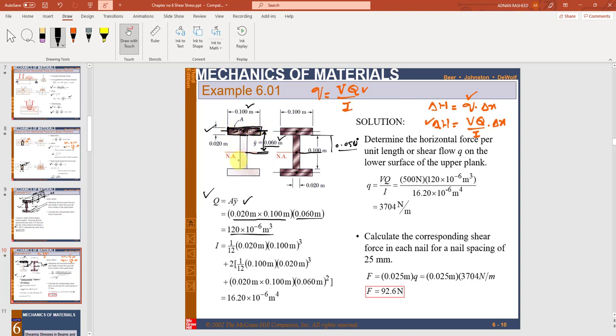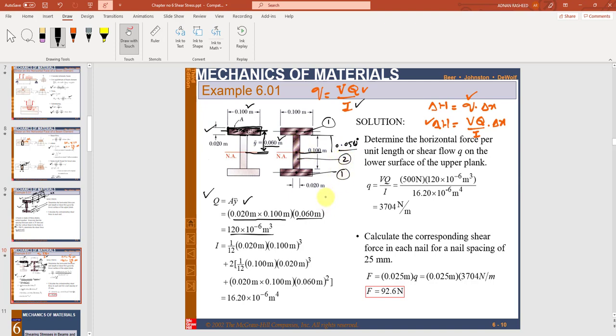Clear? Now we have to find the second moment of inertia for this beam. So you can see these beams are comprised of 3 planks. Now the upper and lower plank is represented as 1. Both have the same breadth and thickness, and this is 2. This plank 2, the middle web, is portion 2.